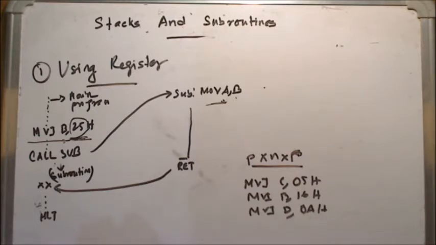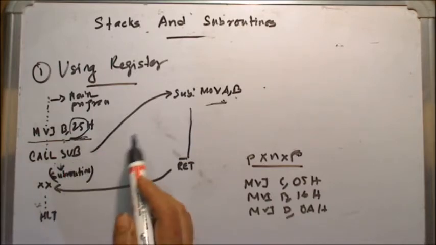So I have initialized three registers with different values to find the simple interest. You put these three parameters in three registers, and after initialization, you call the subroutine.